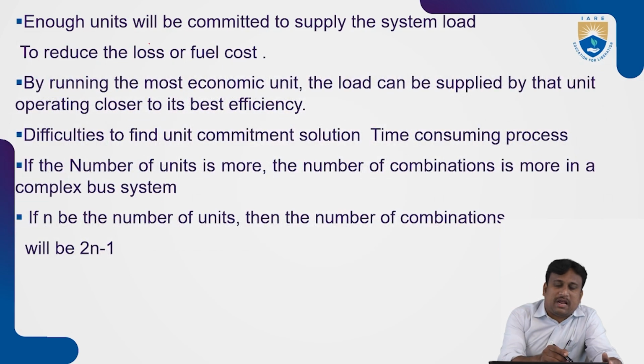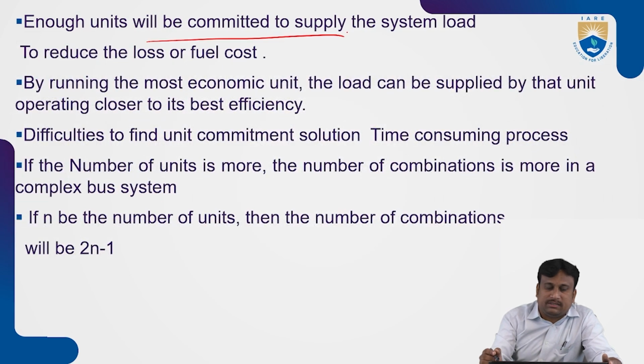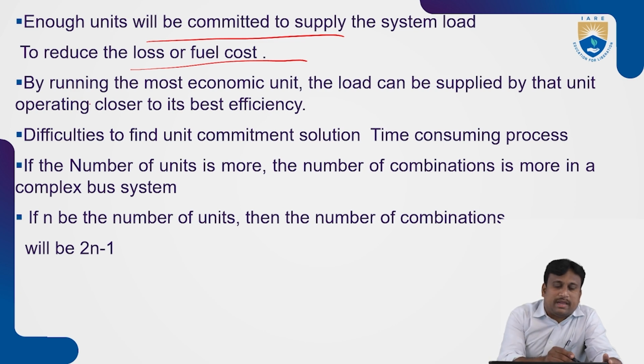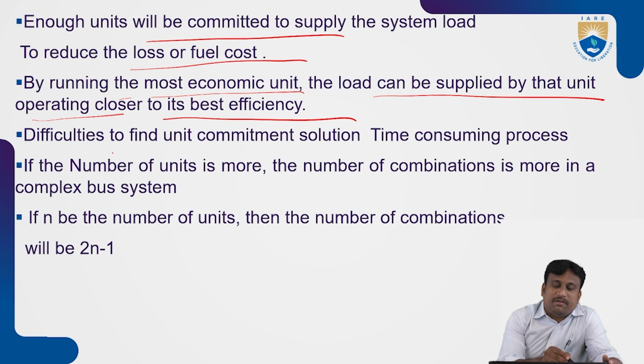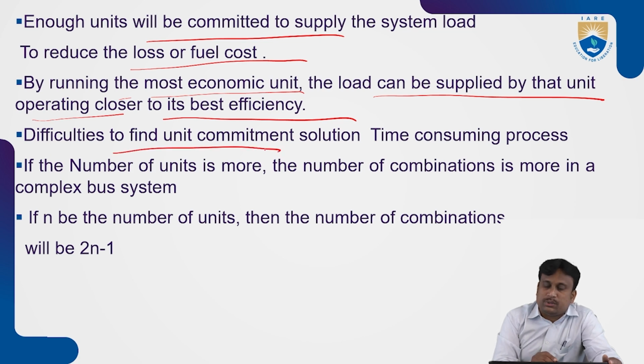Enough units will be committed to supply the system load to reduce the loss or fuel cost. By running the most economic unit, the load can be supplied at an operating cost closer to the better efficiencies. So there are many difficulties in finding the unit commitment solution.